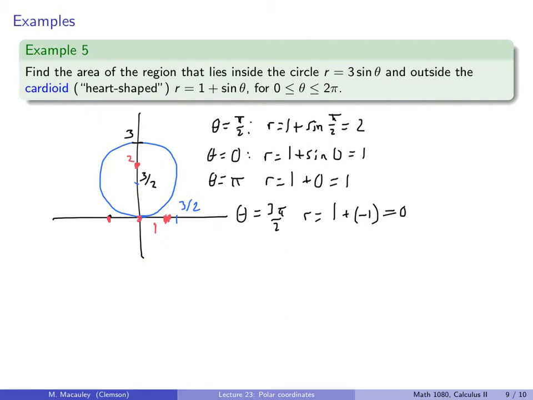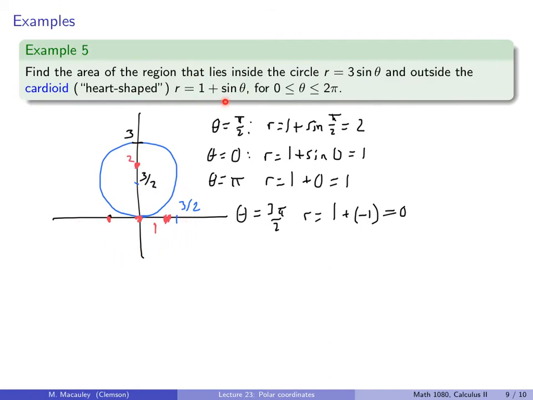It's right there. And if you think about theta going from pi to 2 pi in this region, sine of theta is always negative in this region.